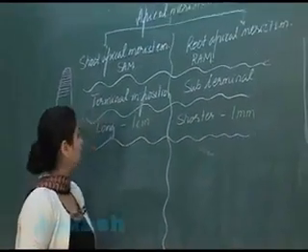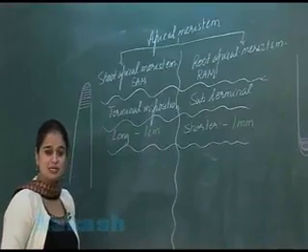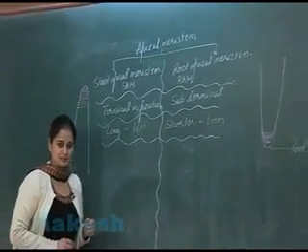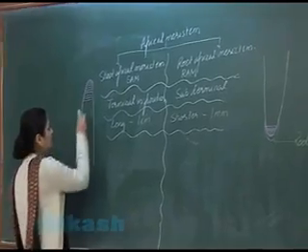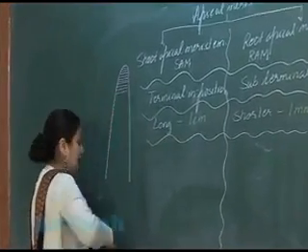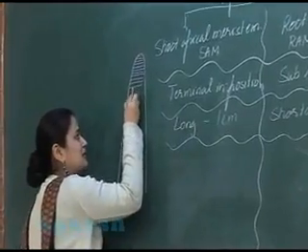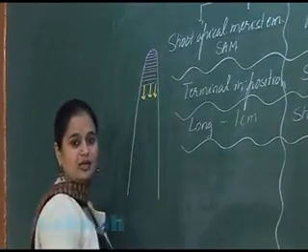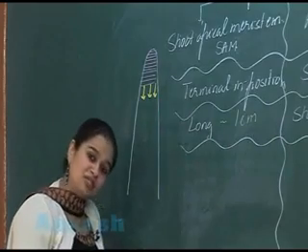Now, what is the function of the shoot apical meristem? How does the shoot apical meristem cut the cells? Now, the shoot apical meristem, through its meristematic activity, it will add the cells only in the lower direction when it will perform the division.